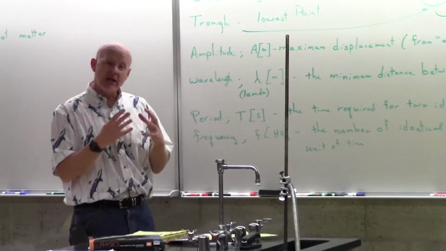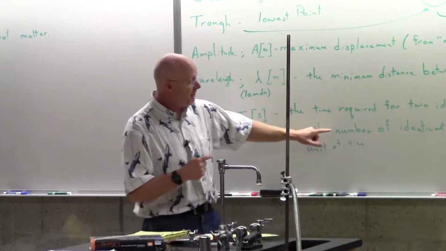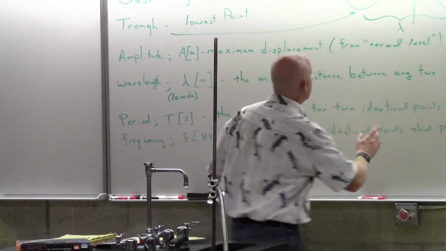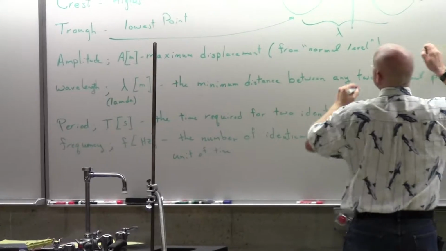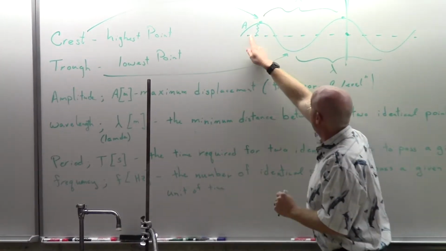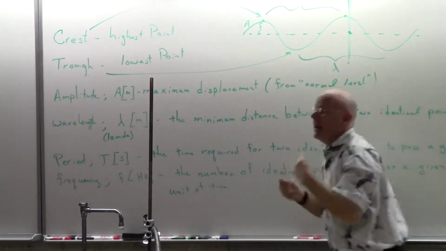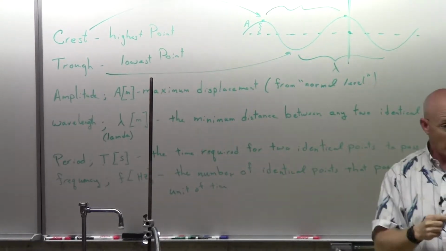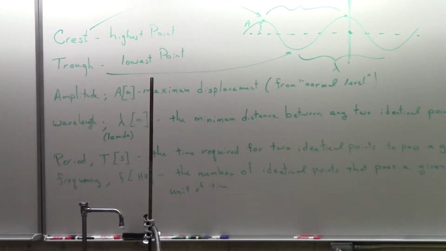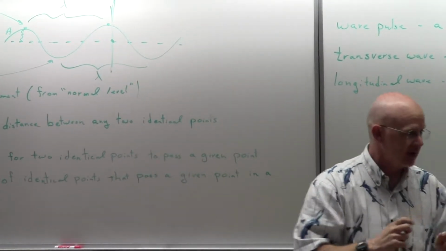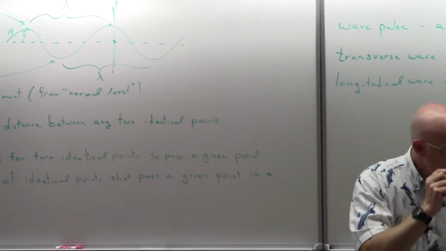And I would say it's essentially the same thing. This says the number of identical points that pass a given place. For example, if we're back here at this given point and we watch this crest come by and another crest come by and another crest come by. Let's say 3 crests come by in 1 second. I would say 3 identical points, 3 crests came by in 1 second. I would say the frequency is 3.